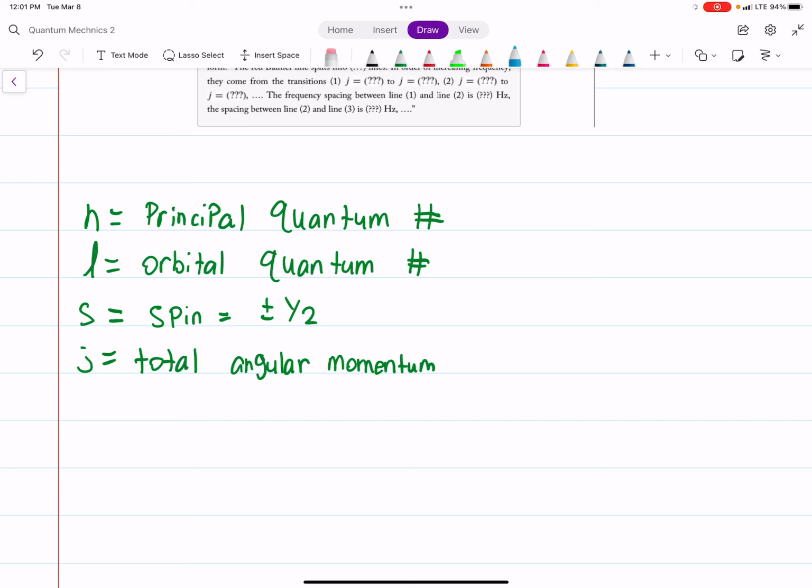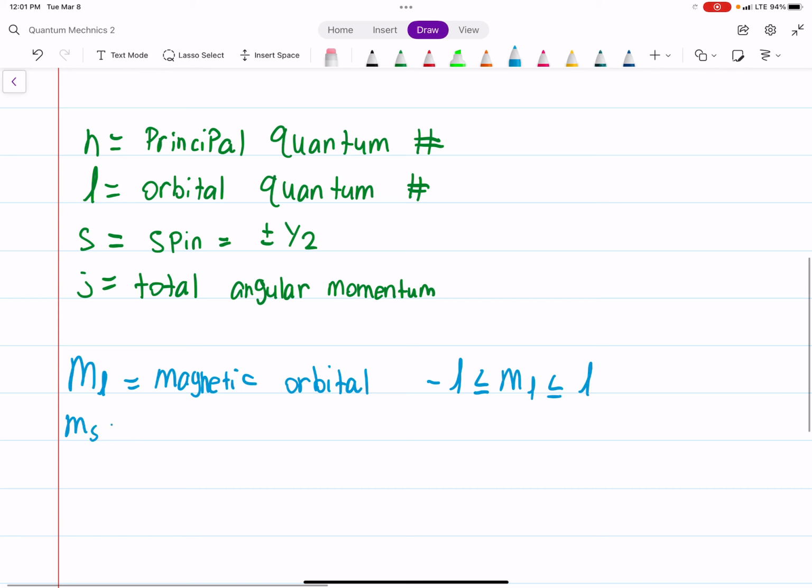And then we have some other quantum numbers. M sub L, that's the magnetic orbital, which can take values between negative L to positive L. You have M sub S, and that's the magnetic spin, which again, we're just going to think of as being plus or minus a half.